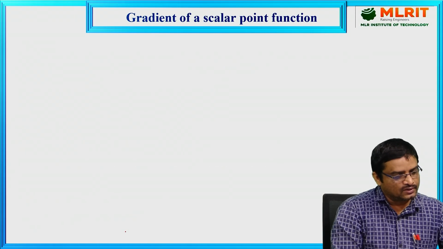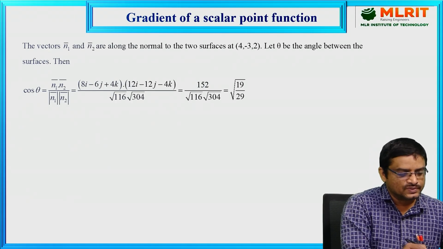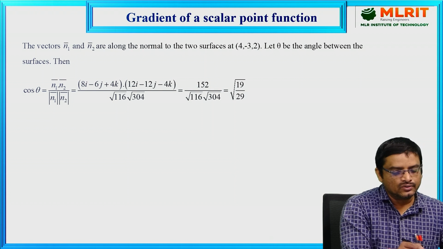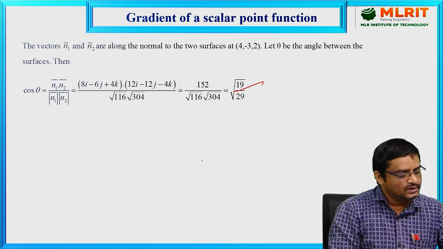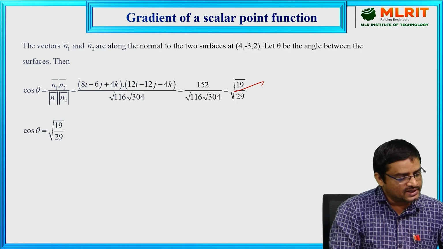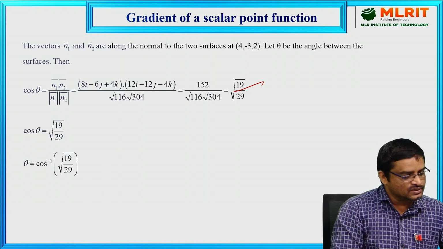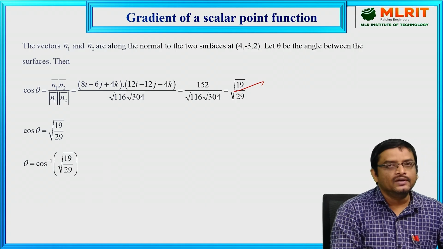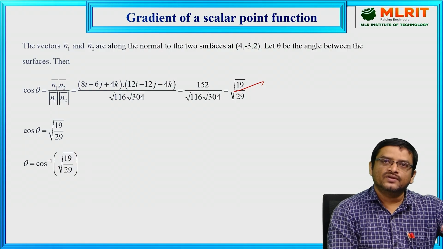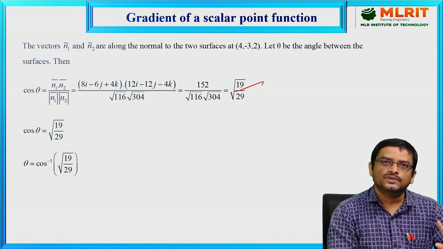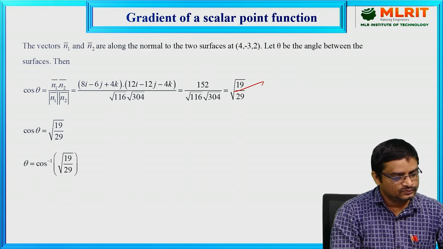Follow the same procedure: substitute n1 bar and n2 bar, apply the dot product in the numerator, and you will get our cos theta value. Send that theta to this side, it becomes cos inverse of square root of 19 by 29. So identifying the difference between the previous and this problem is very important.